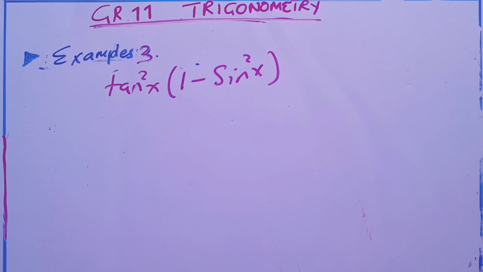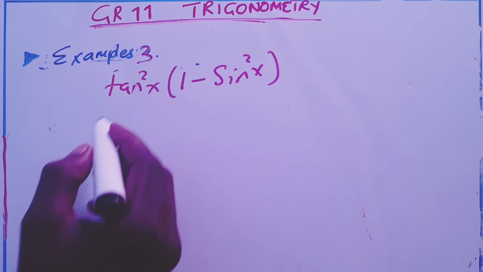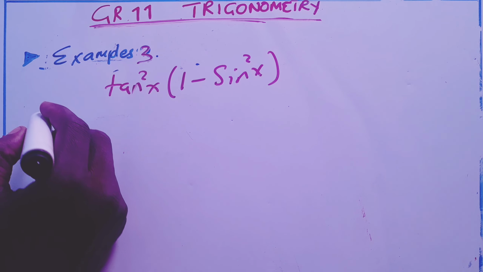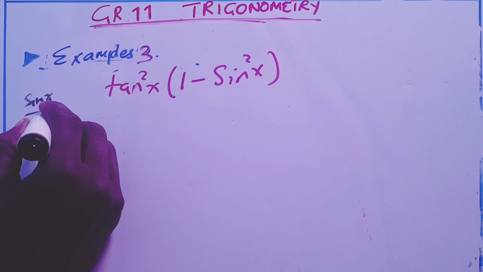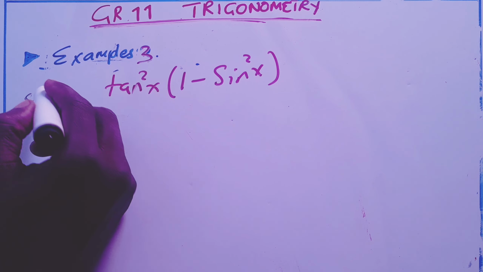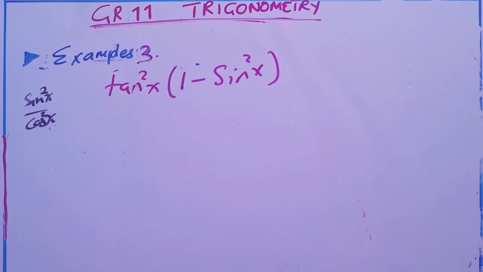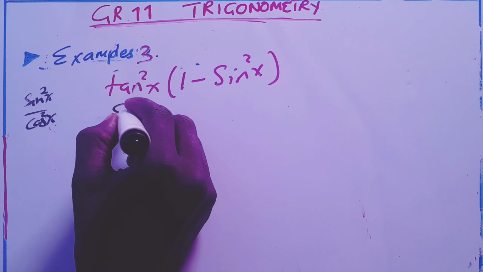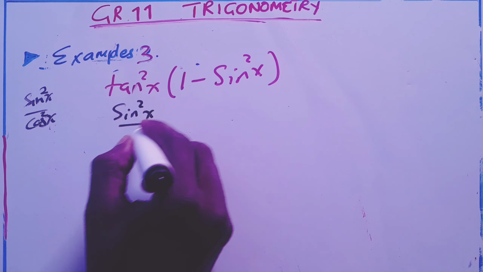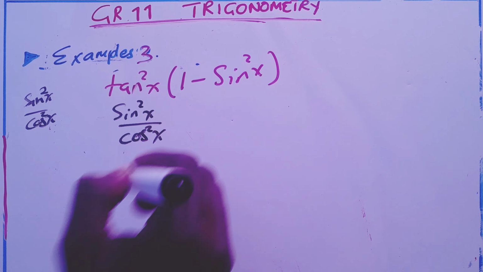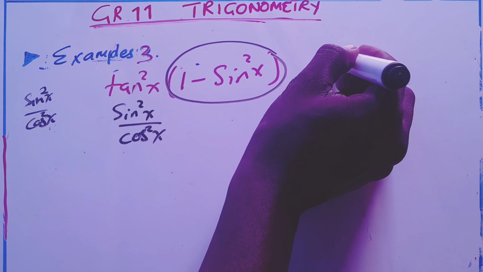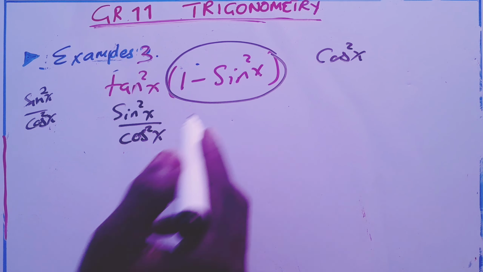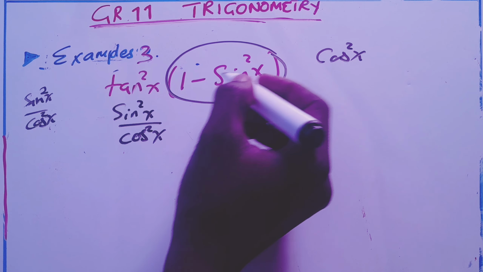Okay, now we're having this one, and already we've said if we're having tan theta, we can change that into sine and cos, right? But now this is having a squared, so it means that each will get a squared, like that. So it means that this becomes sine squared x over cos squared x. And now this, we can change this into what? Into cos squared x, because this is our identity.